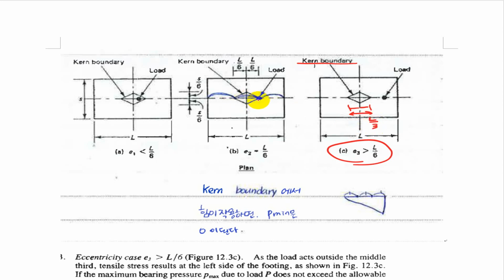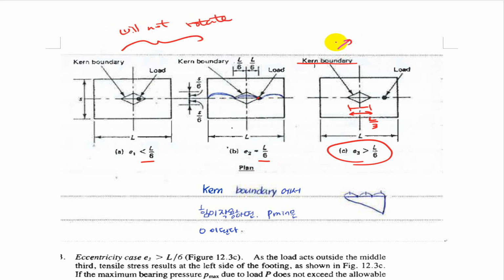And if your load is falling on the boundary or inside the boundary, which is less than L over 6 or equal to L over 6, your foundation will not rotate.